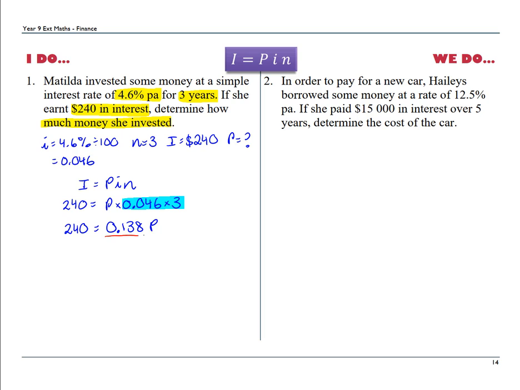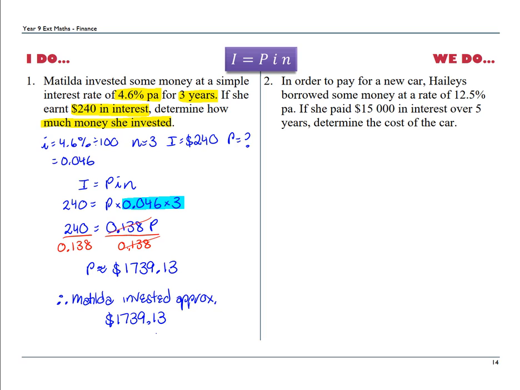They're being multiplied, so to get P on its own, I divide by 0.138, and I have to do the same to the other side. So they've gone. So we're left with P, 240 divided by 0.138 is approximately 1739.13. Finish with the therefore statement. Therefore, Matilda invested approximately $1,739.13.